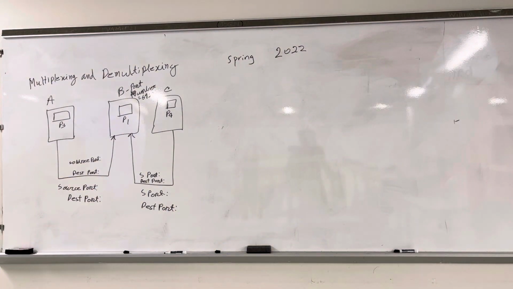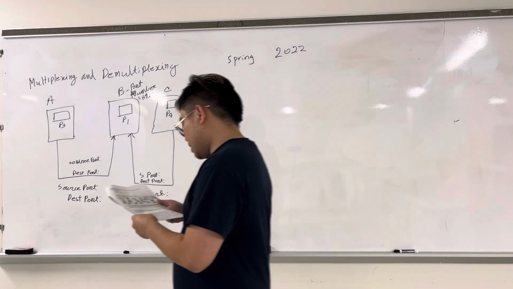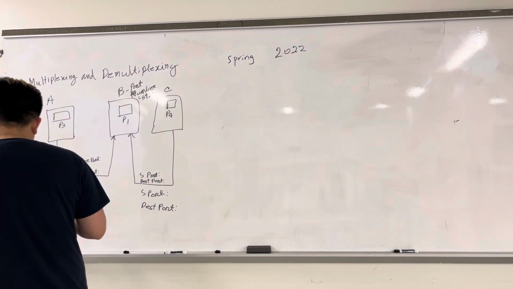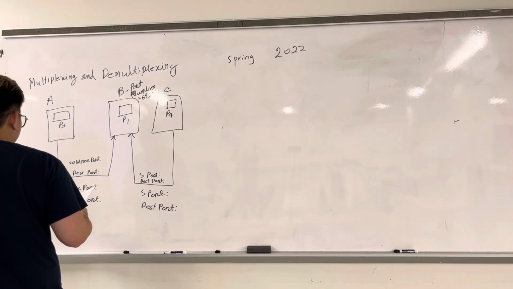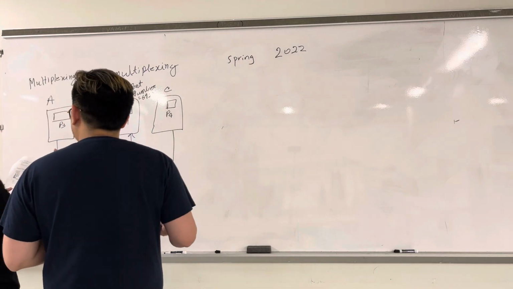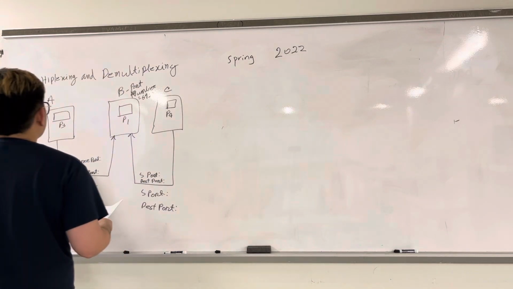UDP is connectionless. Here they are saying to fill in the correct port numbers, so I thought we have to do it in this graph. So I solved the whole problem here.